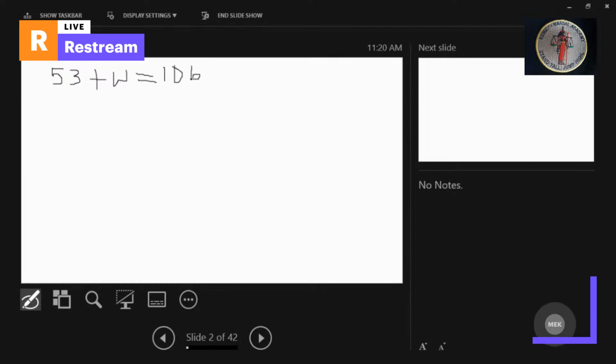All right, so 53 plus W is equal to 106. So we're asking ourselves, 53 plus what number? So remember, W is representing the unknown here. 53 plus which number would give 106?